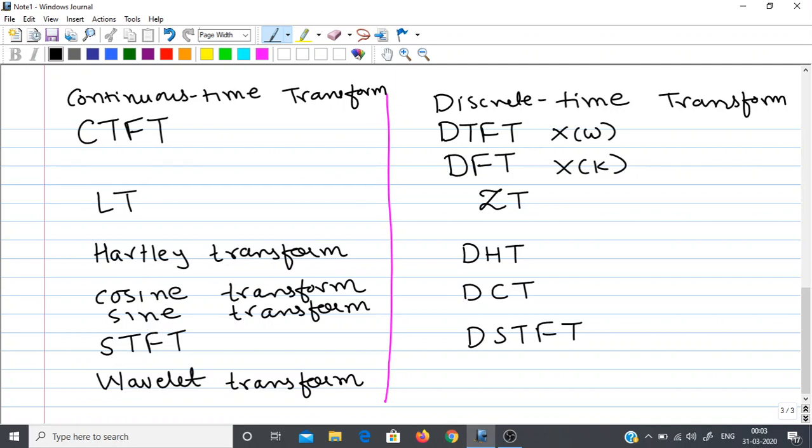Some important continuous wavelet transforms are the Mexican hat transform, the Morlet transform or the Gaussian transform. Now there is a variant of wavelet transform called the wave packet transform.